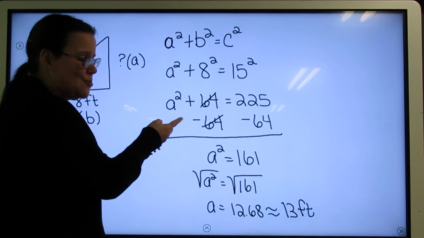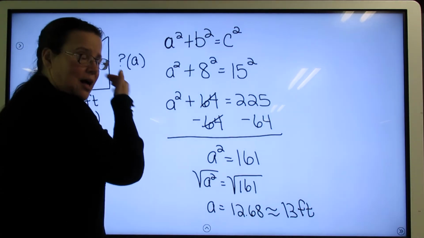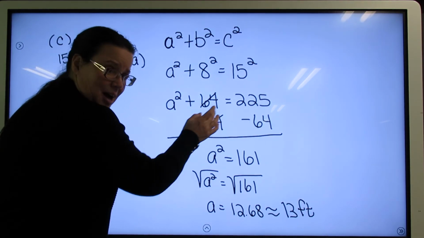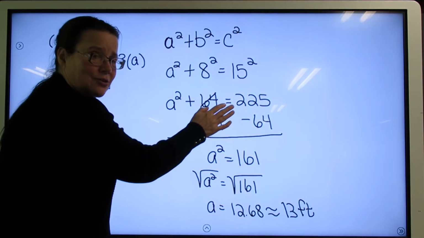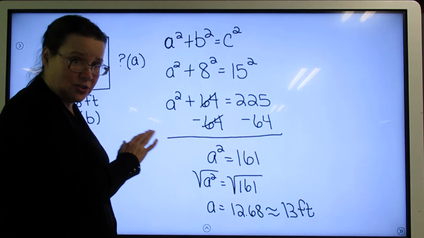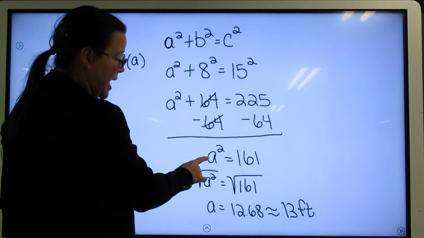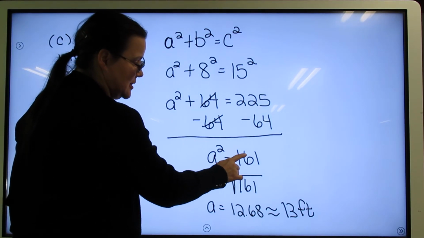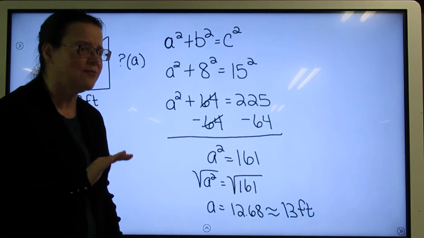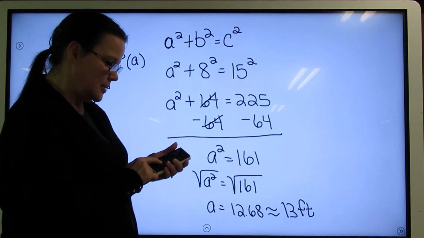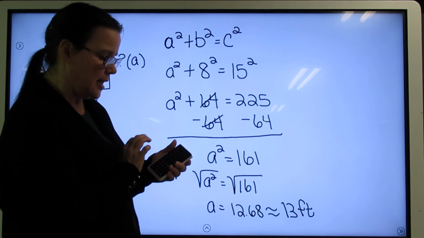And to do that, you have to do the opposite of adding, which is to subtract. And I subtract from each side. Whatever I do to one side, I have to do to the other. It's algebra world rules, not the ones I make up, right? And then A squared equals 161. And again, not a perfect square, but it's okay because you have the calculator. 161 shift x squared.